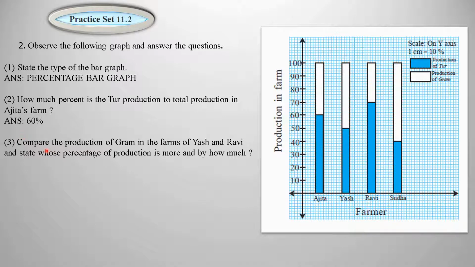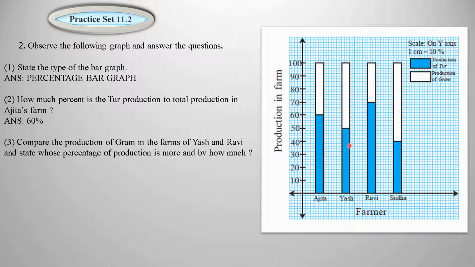Third one, compare the production of grams in the farms of Yash and Ravi and state whose percentage of production is more and how much. Now, if you look carefully at the graph, the bars of Yash and Ravi: blue color refers to the production of tur and white color refers to the production of grams.